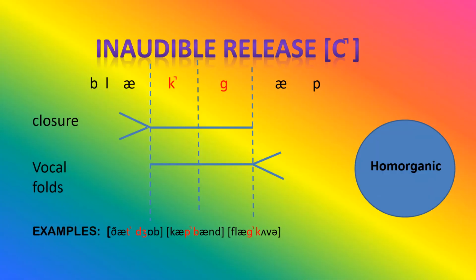When the inaudible release affects homoorganic sounds, the release stage is delayed until we release the air for the second sound. Again, the release stage of the first consonant is not heard.